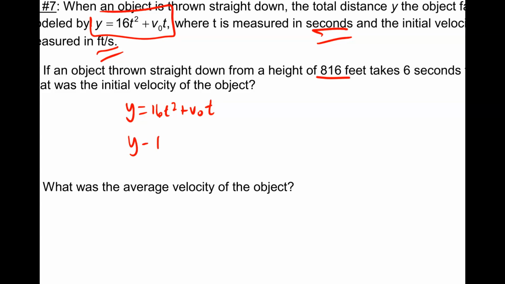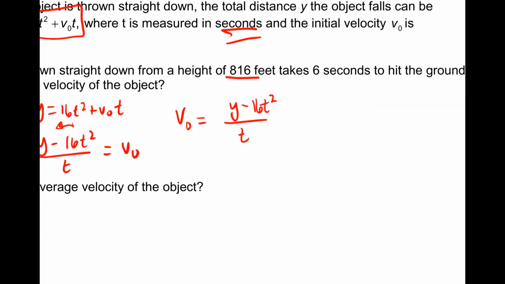So I have y minus 16t squared divided by t is going to be V naught, because I moved this guy to the left side and then I divided by t. So my initial velocity is going to be y minus 16t squared, all over t. Plug in our values that we know. Since we started at 816 feet and ended at the ground, that's a total distance of 816. It took 6 seconds, so I'm plugging in 6 for t.